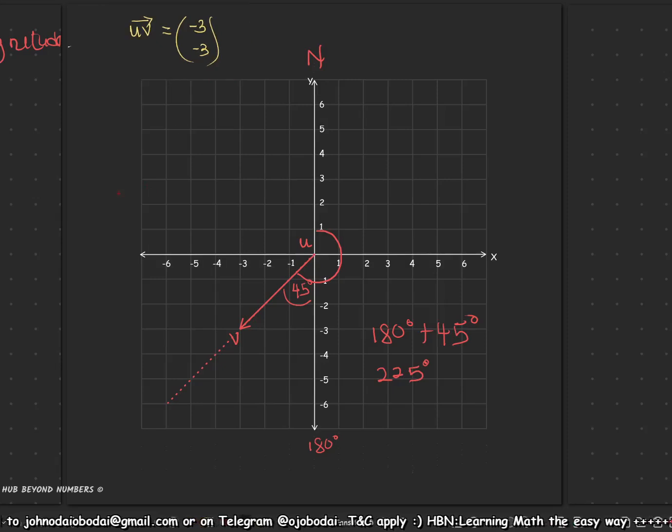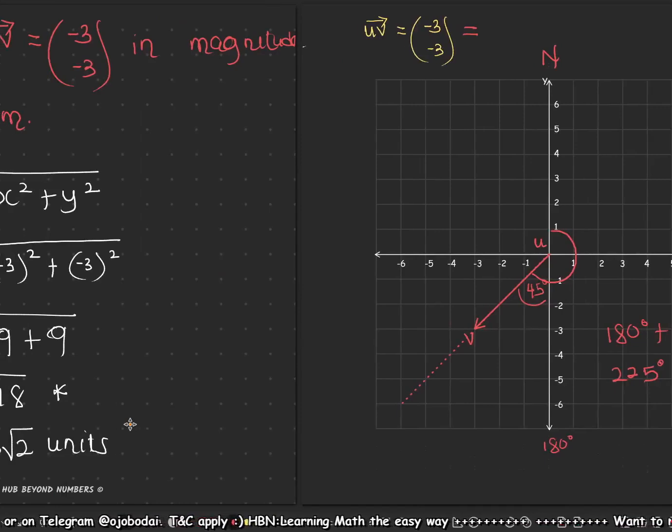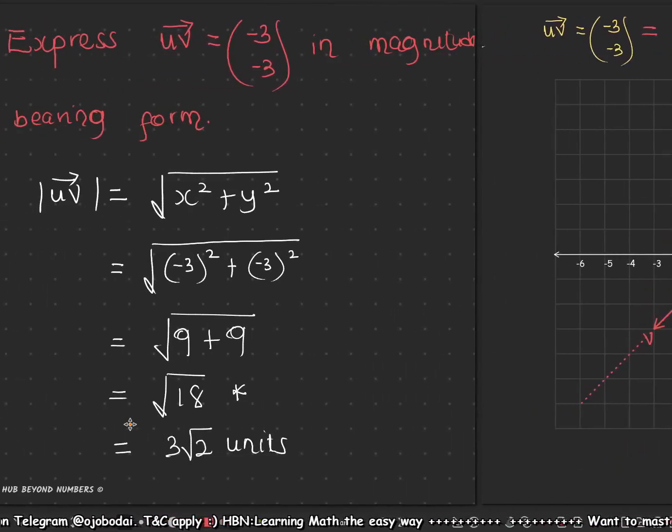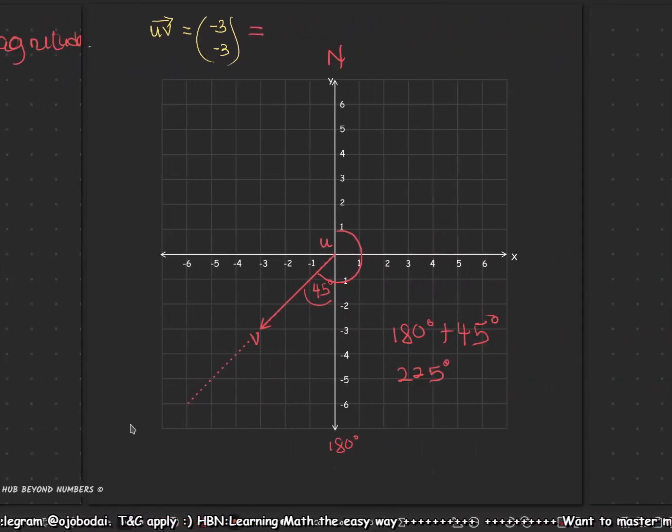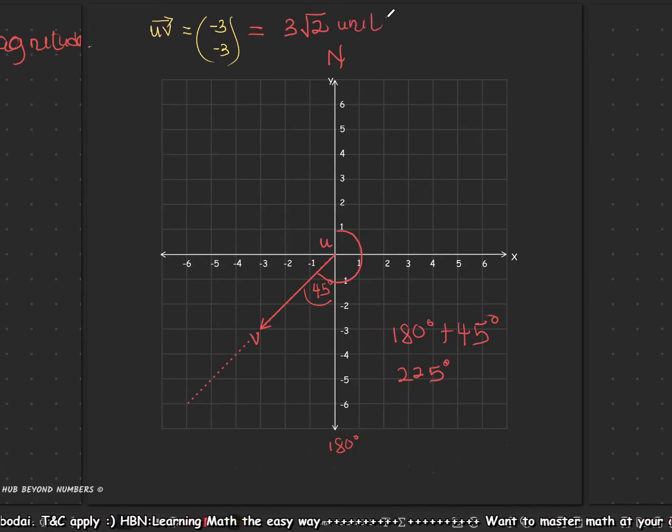It simply means that this we have over here, that is UV, which was -3, -3, in magnitude bearing form is going to be what? What was its magnitude? That was root 18 or 3 root 2. You see? So 3 root 2 units.